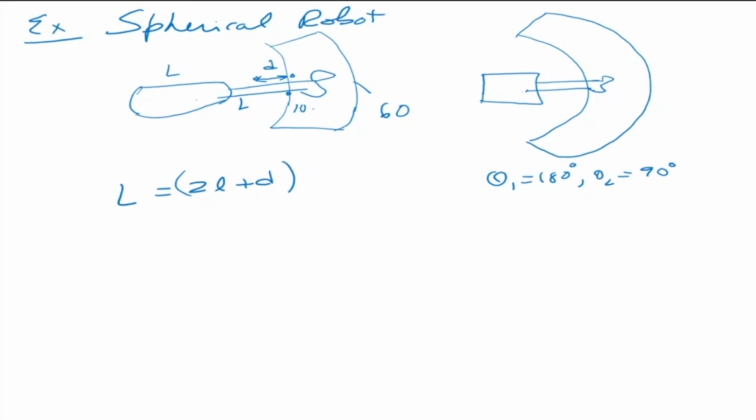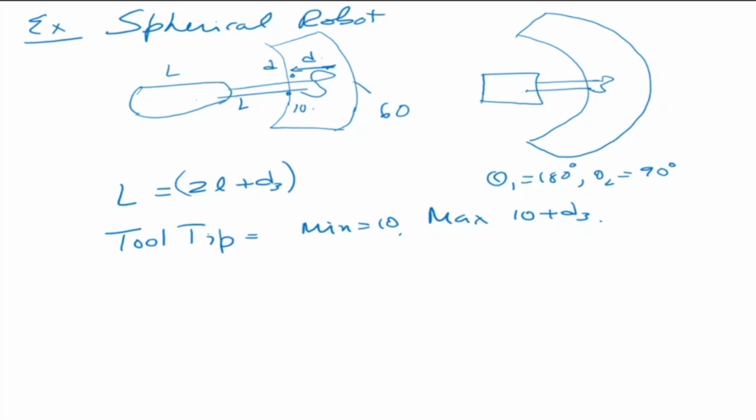So let's define it here. The tool tip has a minimum of 10 and a maximum of 10 plus D3, and here my D3 will come. That is my D, so that would be clear. So the tool tip has a minimum of 10 and a maximum of D3 plus 10, if this is my D3.